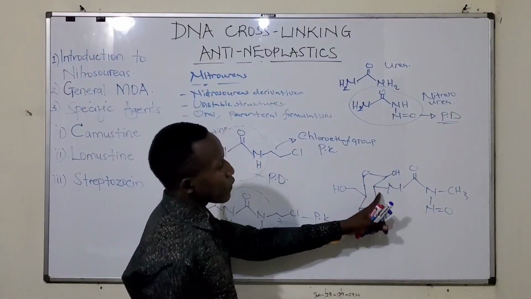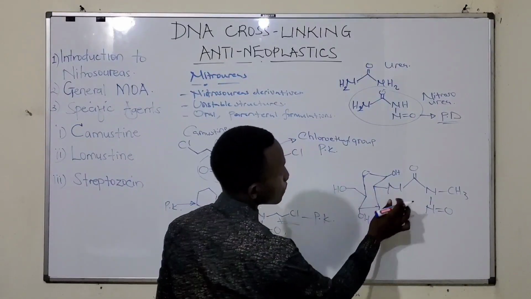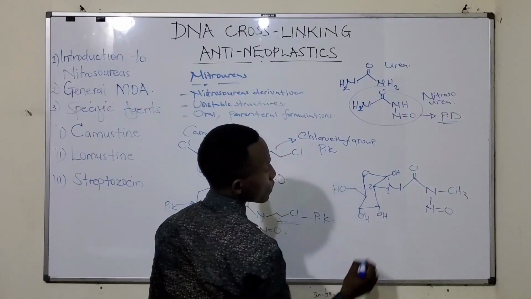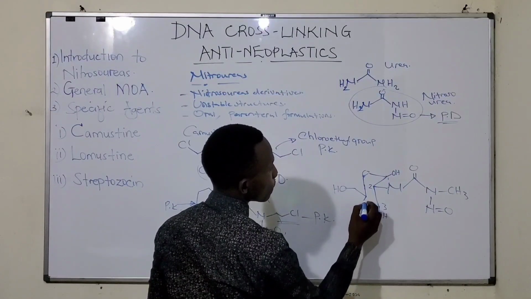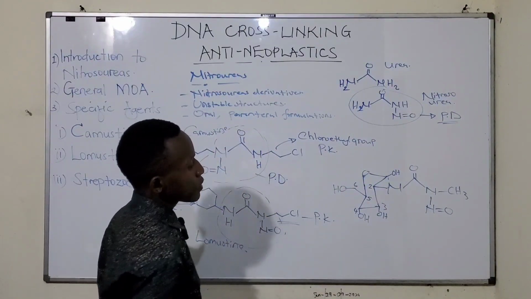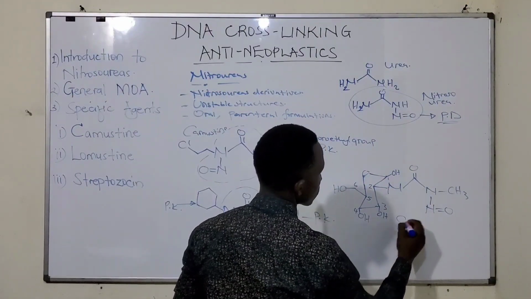At position 2 of the sugar molecule, we have this group. This is position 1, this is 2, this is position 3, we have 4, position 5 and 6. This is streptozocin.